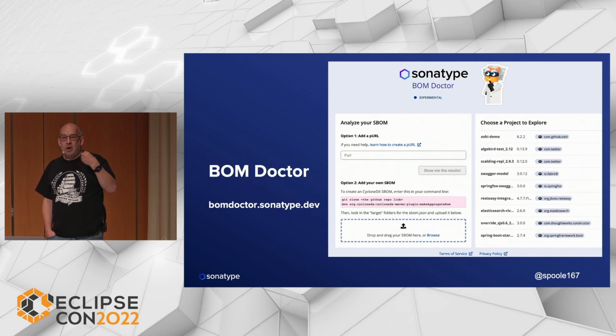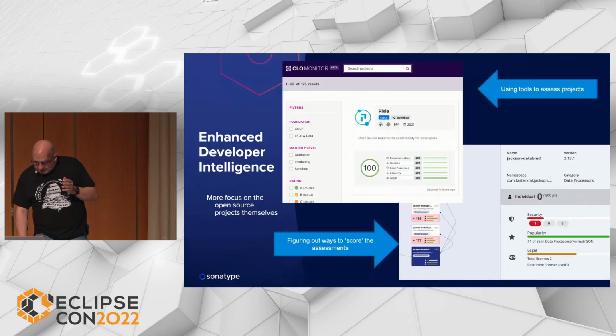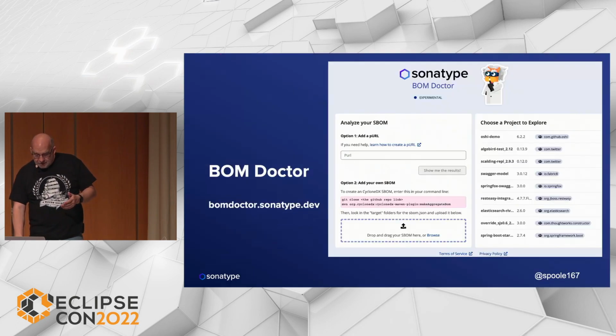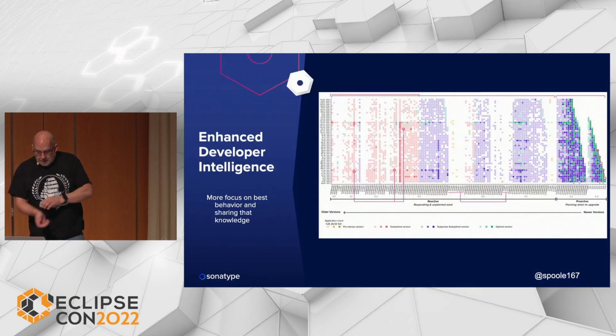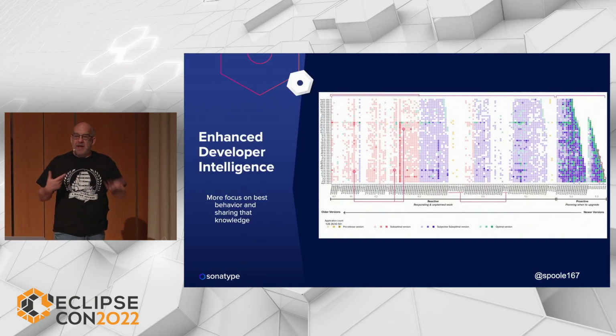You can upload that SBOM or somebody else's SBOM, or use some of the example ones, and we'll give you, I have to go back slightly, you can't really see it, but what you get is a graphical view of the dependencies that you've selected, including all the details about how vulnerable they are. And we're just going to keep adding more and more data about behavior.